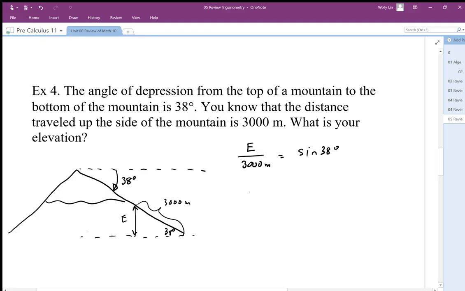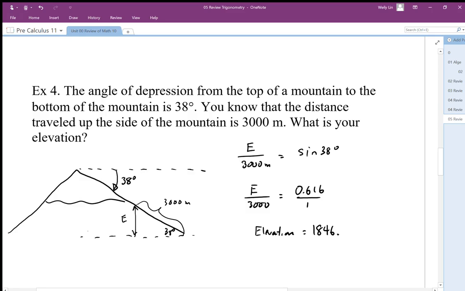So my elevation compared to that is 0.616 to 1. Then I can solve for my elevation by multiplying both sides by 3,000, and I get an elevation of 1,846.